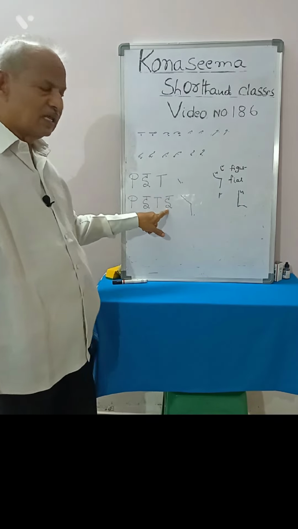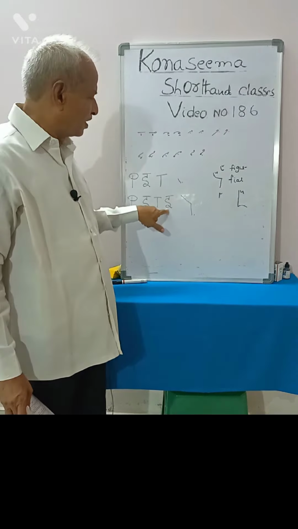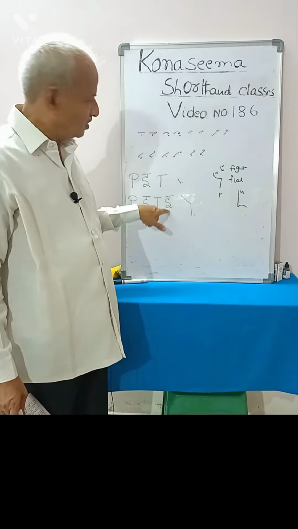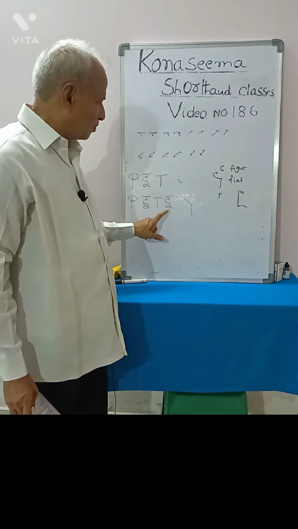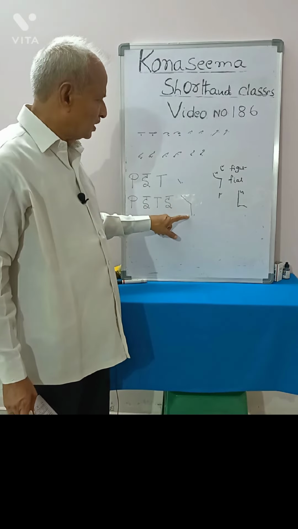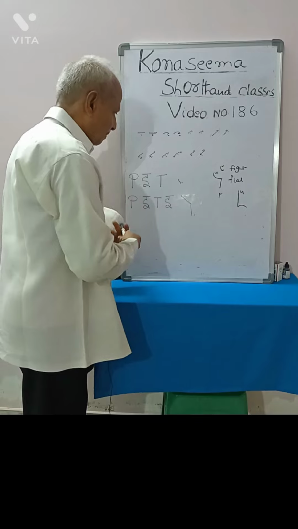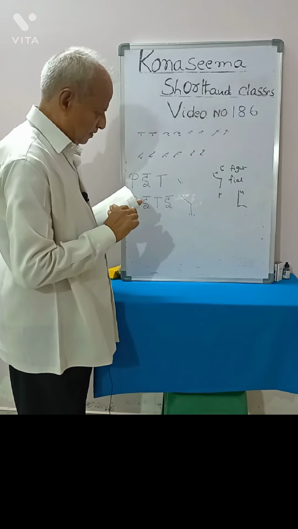Here finally a vowel came. Then where to put this vowel? Here we can't put this vowel. And then to put this vowel, we have to write the stroke T in full. So pity, like this, pity. Okay.